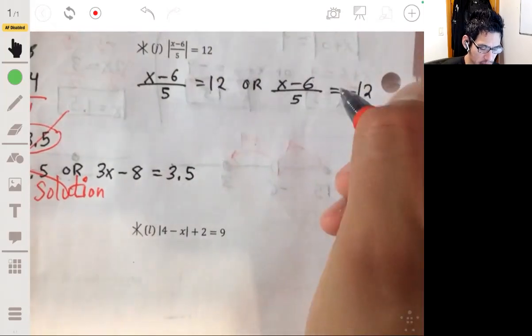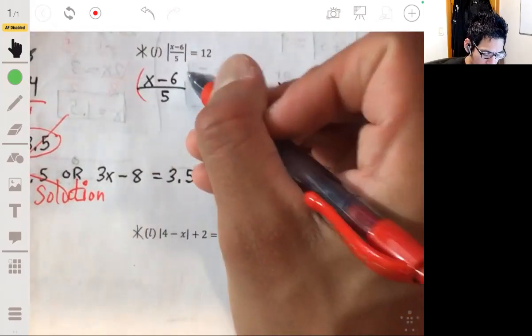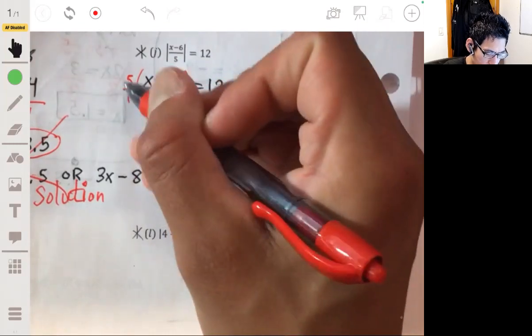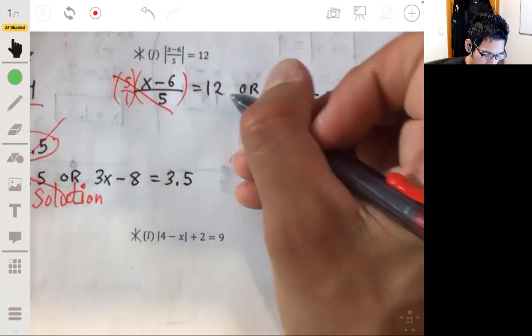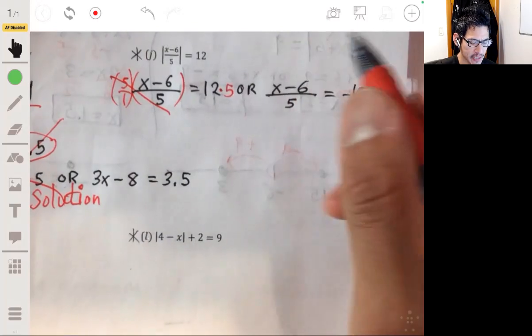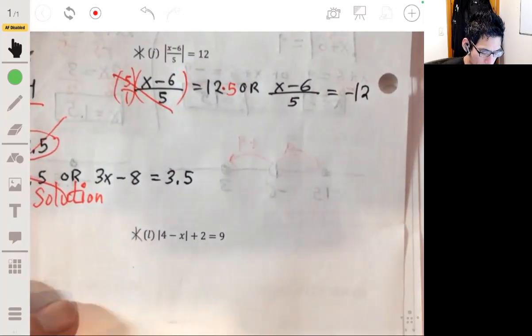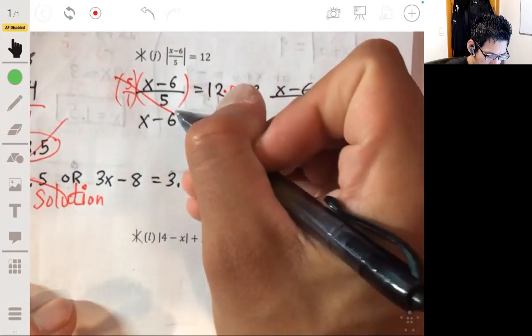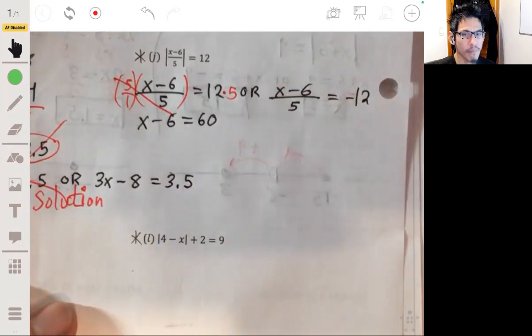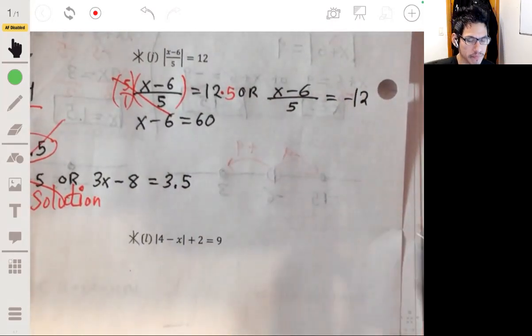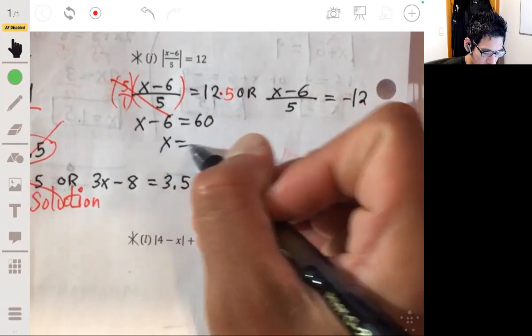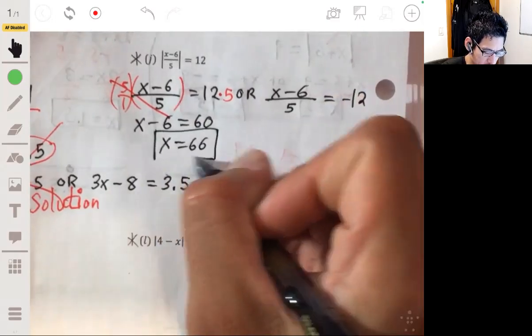We can go right on and solve these. Multiply both sides by 5. That'll cancel that, and we get 60 on the right. So x minus 6 equals 60. Add 6 to both sides, and we'll get x equals 66 for the first solution.